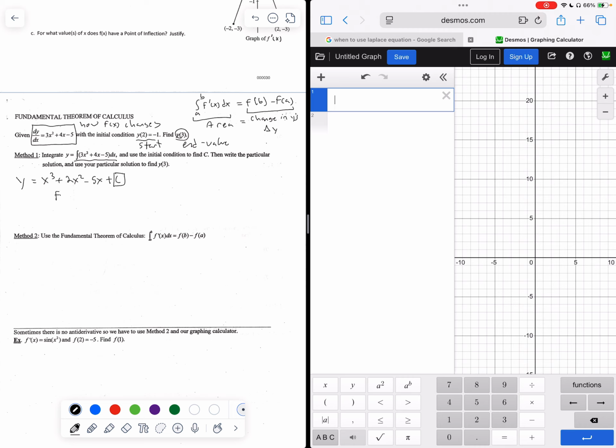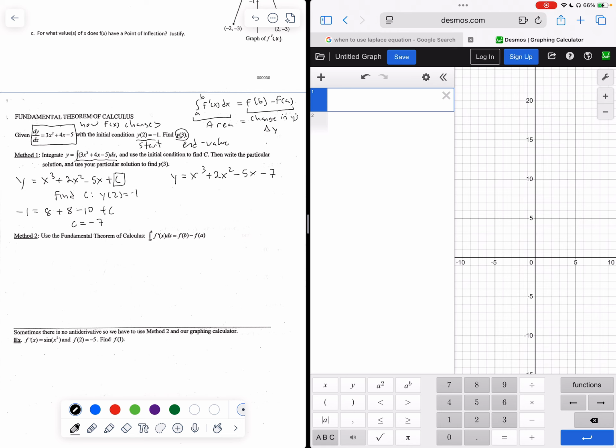We can use the initial condition they gave us: y of 2 is -1. Plugging this in, we would get -1 equals 2 cubed, which is 8, plus 2 times 2 squared, which is also 8, minus 10 plus c. Solving this, we would get c is -7. So our original function with this initial condition would be x cubed plus 2x squared minus 5x minus 7.